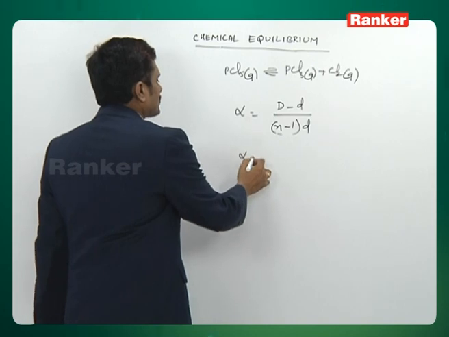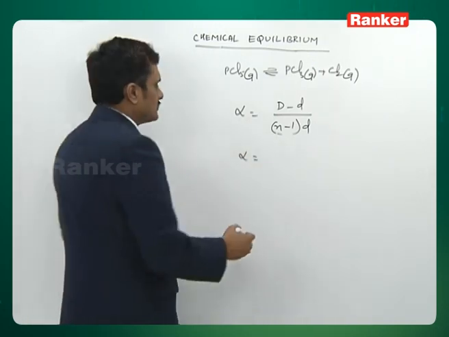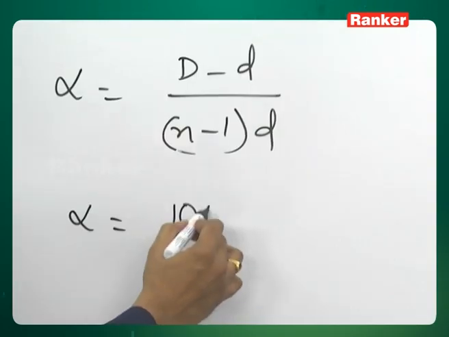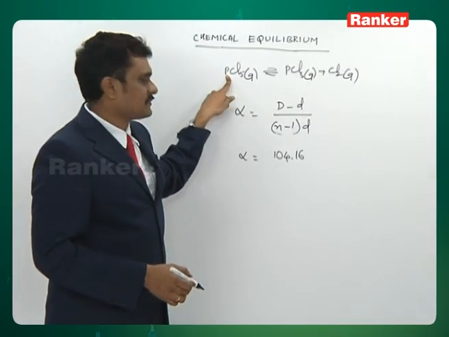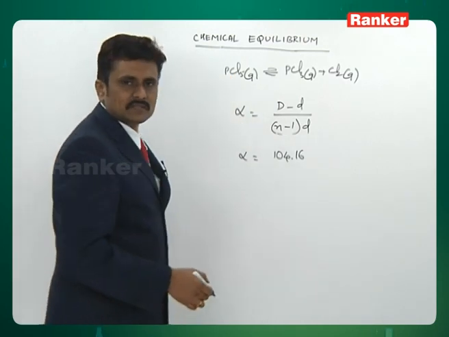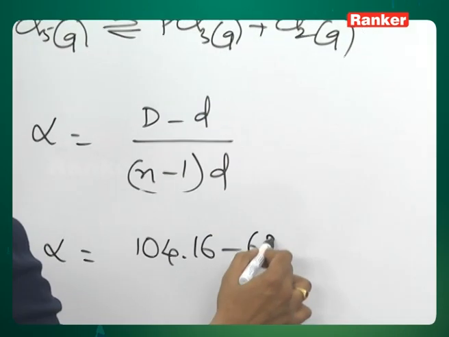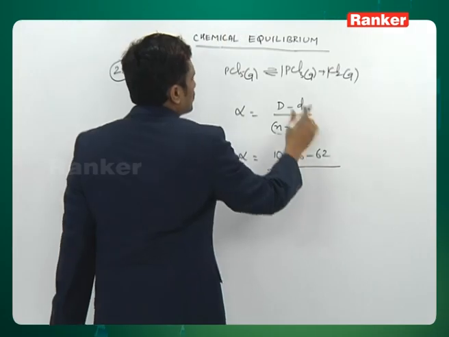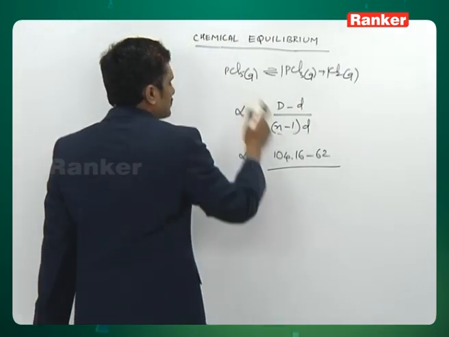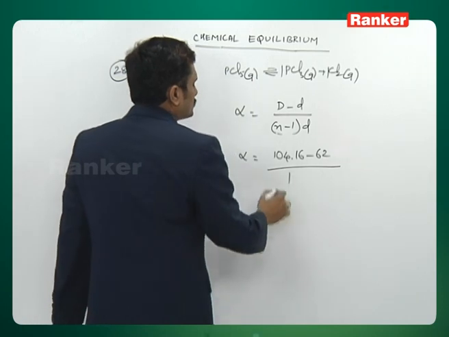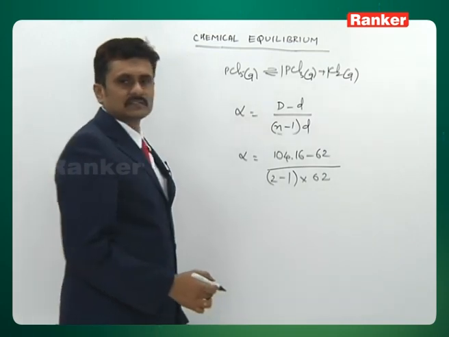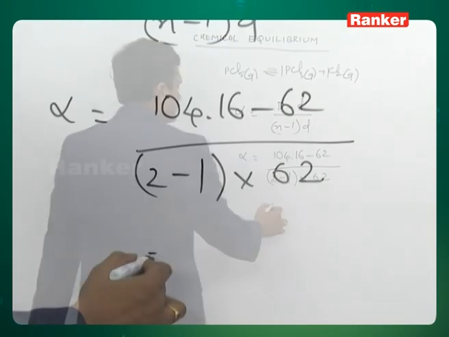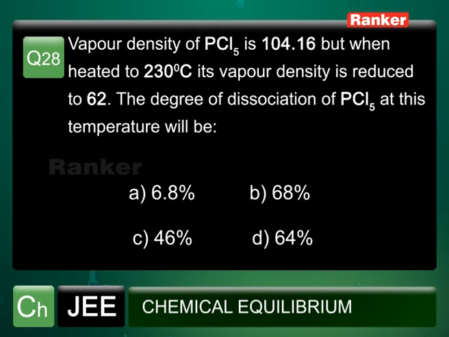It is given in the question that the initial vapor density 104.16 is the molecular weight of PCl5 upon 2, minus the equilibrium vapor density 62 divided by the N value, the number of moles of gaseous products obtained from 1 mole of the gaseous reactant, which is 2. Simplification of this equation gives the value of alpha as 0.68, that is option B, 68%.